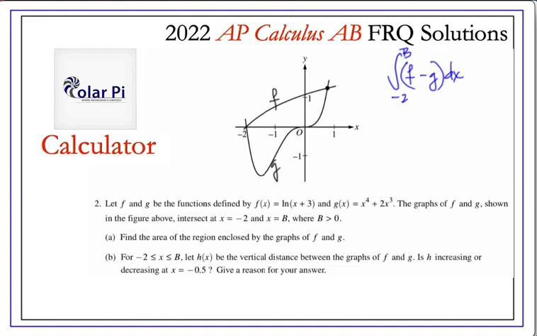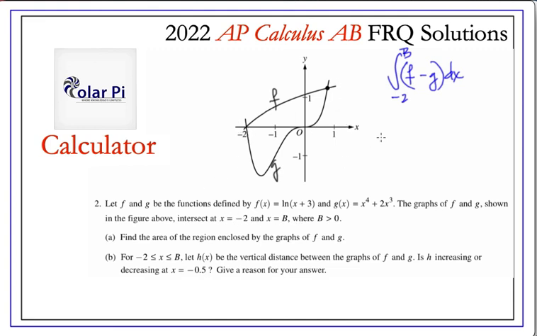As I said, I will say a little bit more about the limits of integration. When we're doing area between two curves, the limits are from the x corresponding to the leftmost point of intersection to the x corresponding to the rightmost. This one is pretty clear and they tell us, and the other one they say is b.